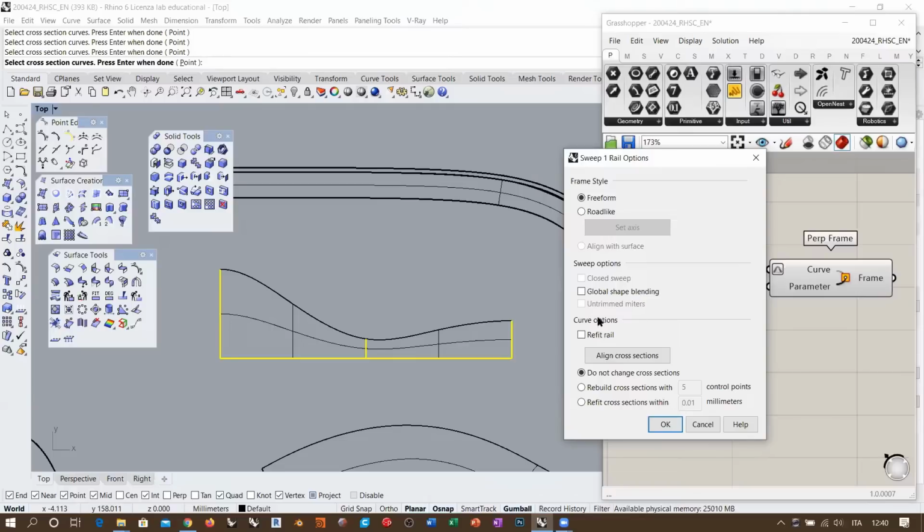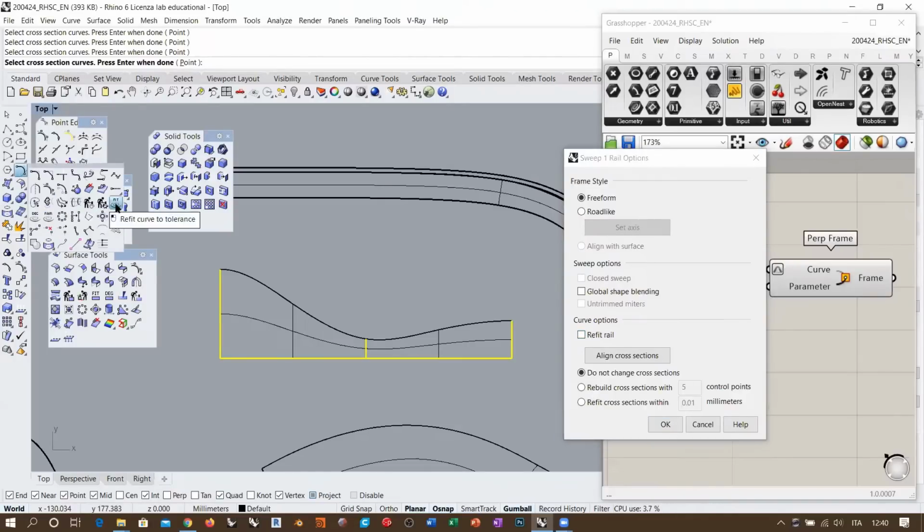You can also work on curves. You see that in this case, as there is the longitudinal guide, which is the rail, you can also refit the longitudinal rail. Now, in this case, as this is a straight line, refit produces no result. But refitting, you already know what it means. It has to deal with the topological fit operation.